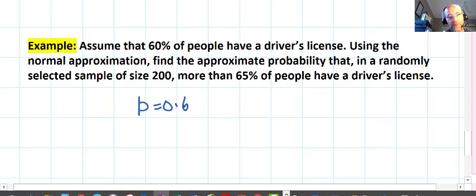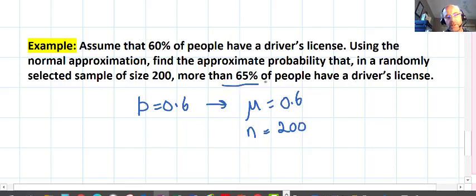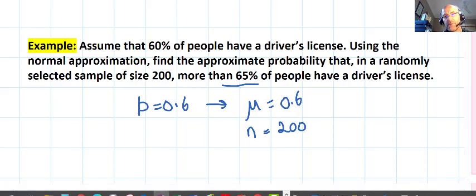So the population proportion is 0.6, and that means the mean will be 0.6. And n is 200, that's a good size.